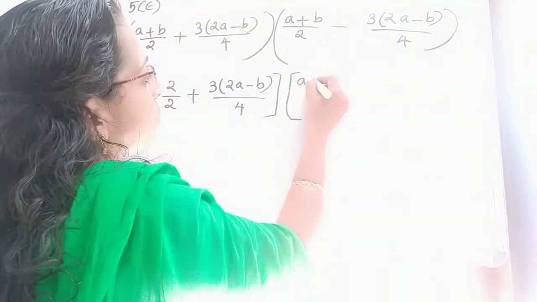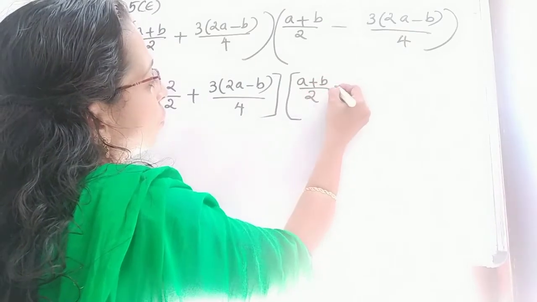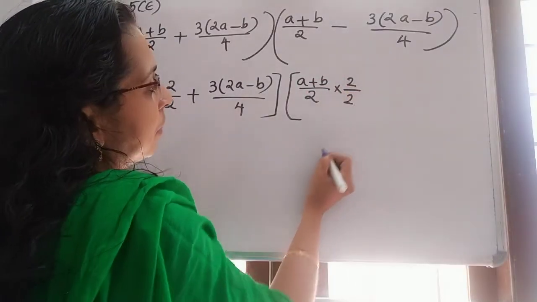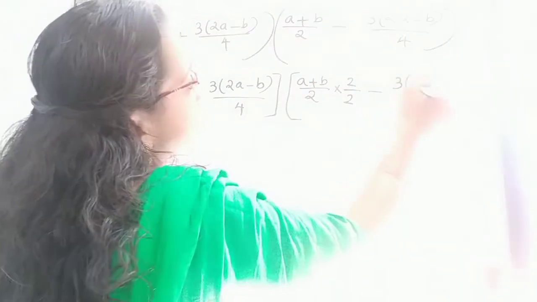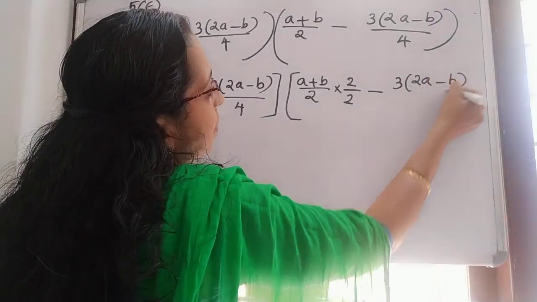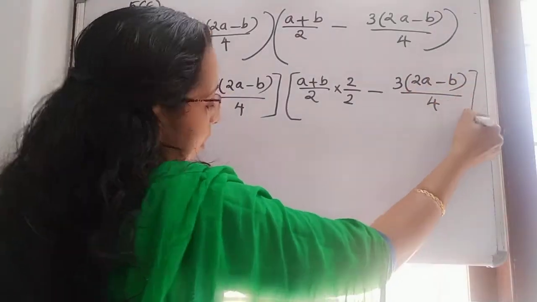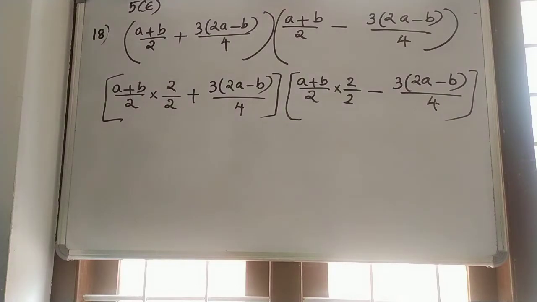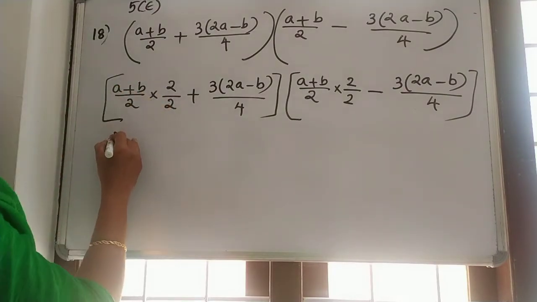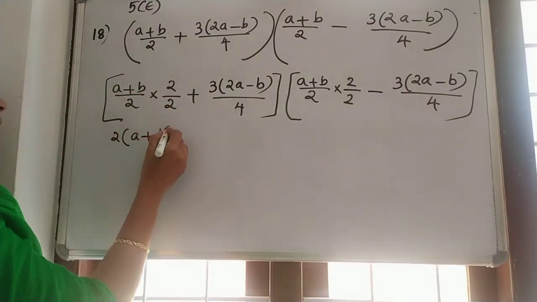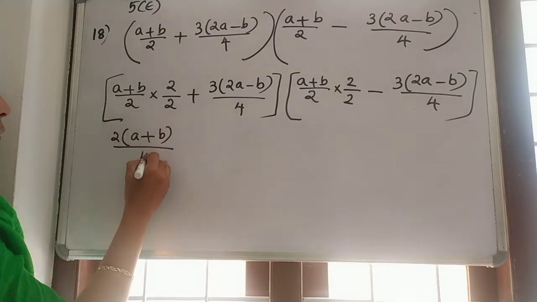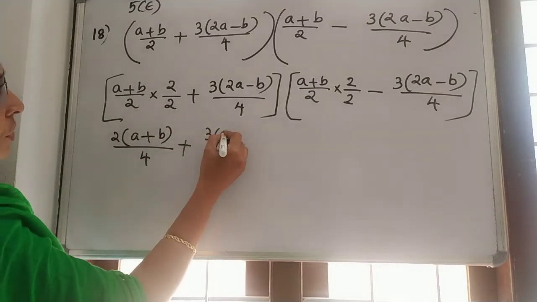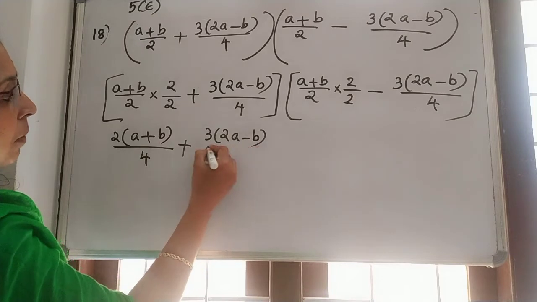So make the denominator 2 as 4. So we want to multiply numerator and denominator by 2. So into 2 divided by 2 minus 3 into 2a minus b by 4. Nothing to multiply. So numerator into numerator, that is 2 into a plus b divided by 2 into 2, 4, plus 3 into 2a minus b by 4.